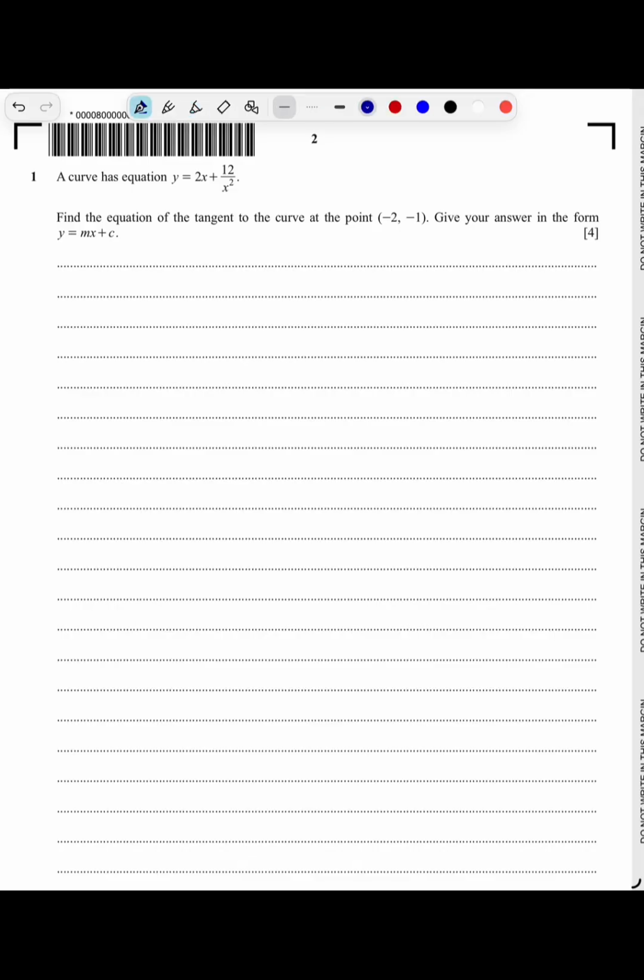Just for our own visualization, let's suppose the curve looks like this, and this is the tangent line that we need to find the equation for. Y is a function of x and they've given us the coordinates of this point, -2 and -1.